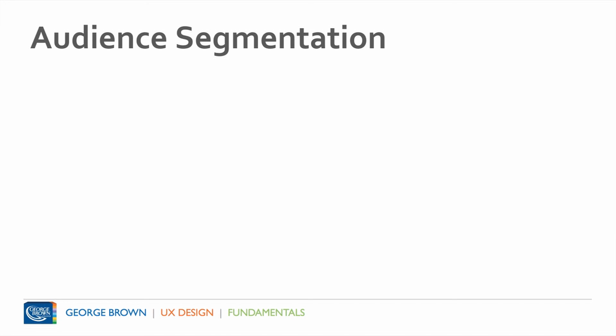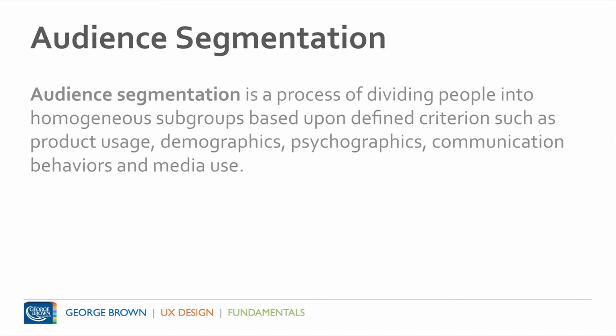Let's first define what an audience segment is. An audience segment is a section of your users grouped into a specific demographic or psychographic grouping. Audience segmentation is that process of dividing people into homogeneous subgroups based on defined criterion such as product use, demographics, psychographics, communication behaviors, and media use.